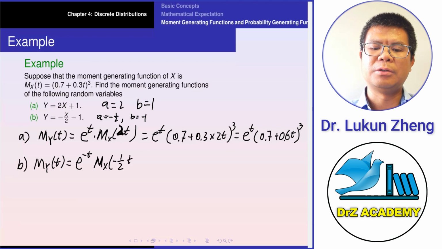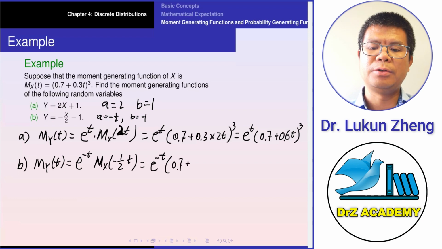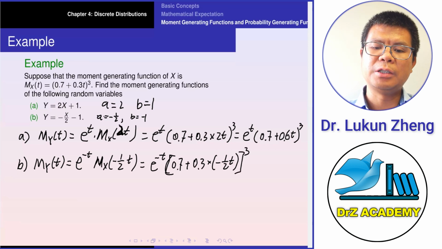So equals e to the power -t, in the parentheses is 0.7 plus 0.3 times e to the power -1/2 t. Let's use a bracket here. Cube.